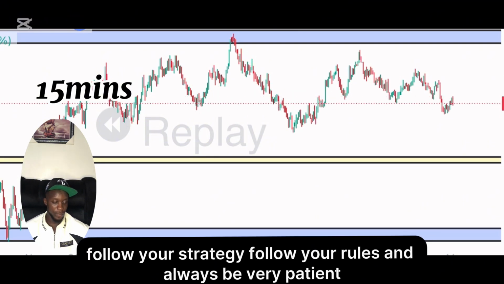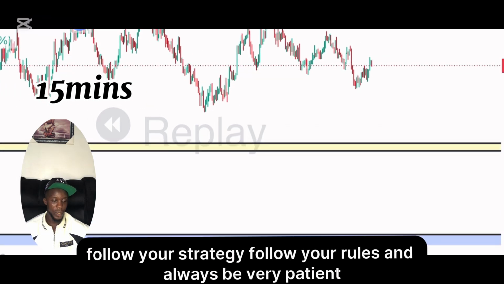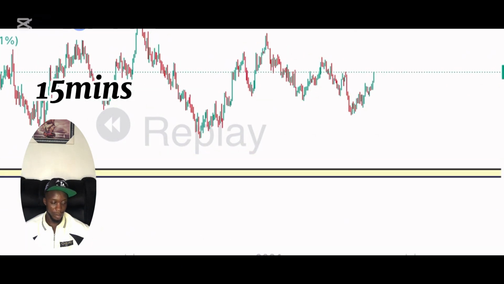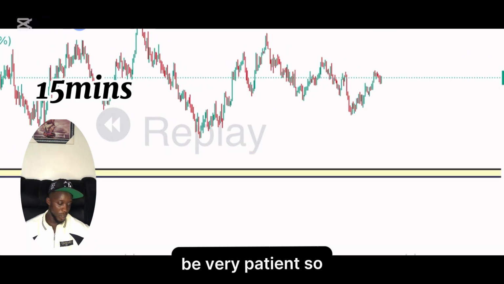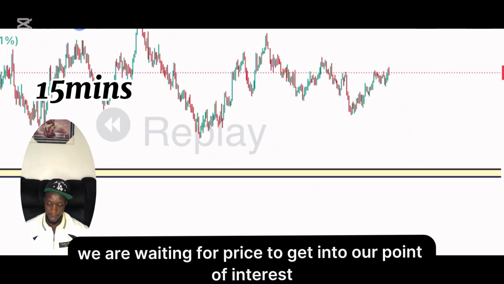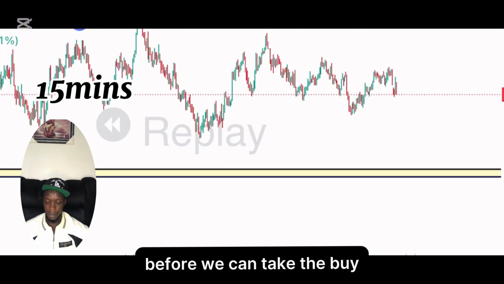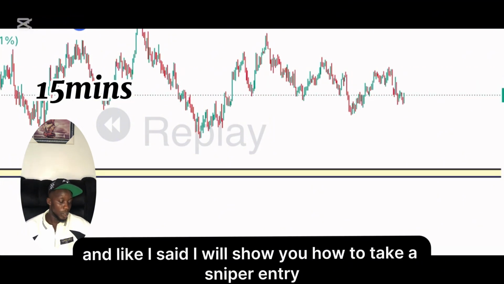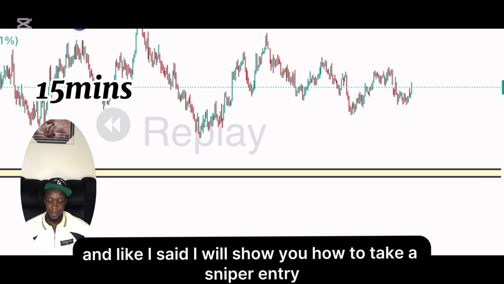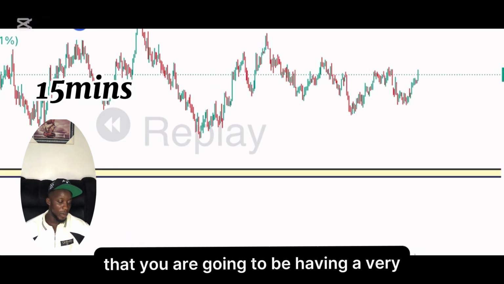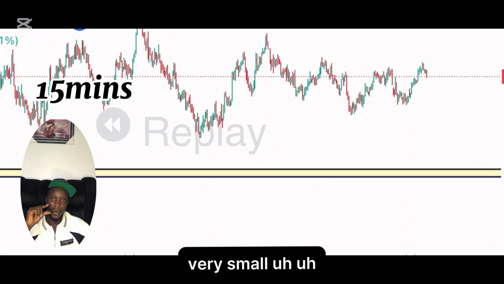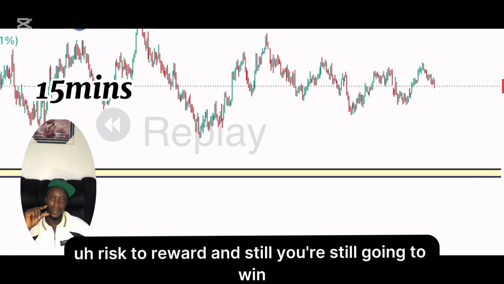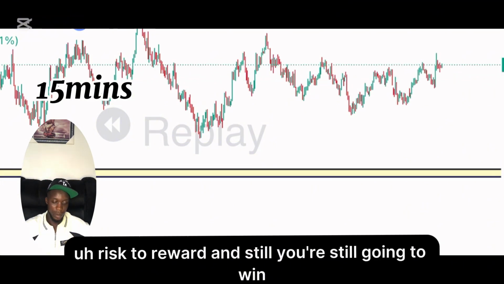Follow your strategy, follow your rules, and always be very patient. We're waiting for price to get into our point of interest before we can take the buy. And like I said, I will show you how to take a sniper entry with a very small risk to reward, and still you're going to win.